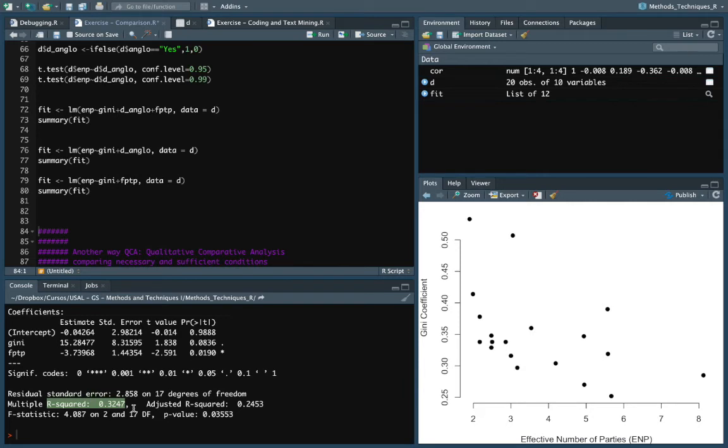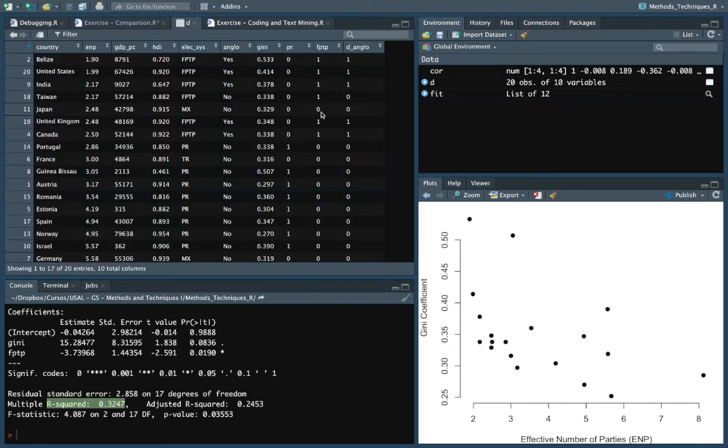Why is that? Because we have, for example, Japan and Taiwan here. Taiwan in particular is not Anglo-Saxon, but it's bipartisan and has first past the post. So the best explanation will be first past the post rather than Anglo, because not all cases of bipartisanism are Anglo-Saxon, but almost all are first past the post.